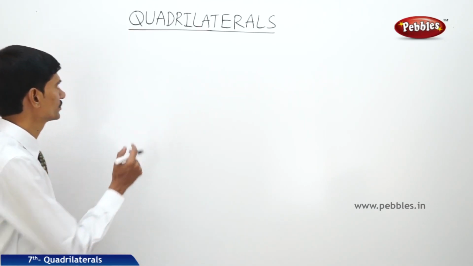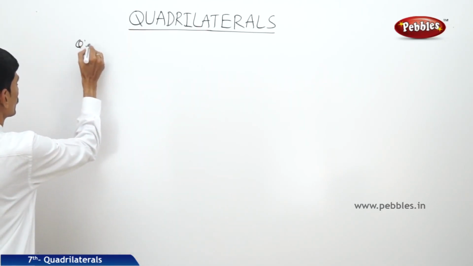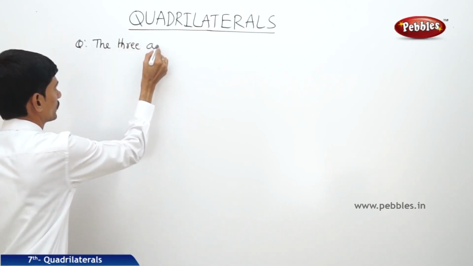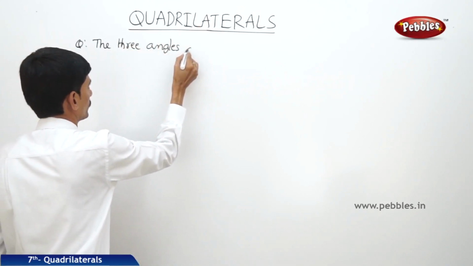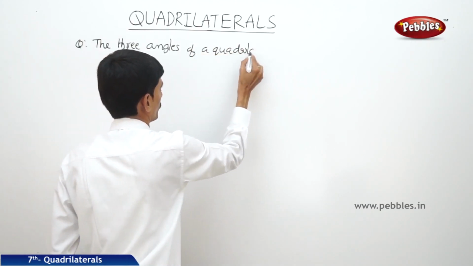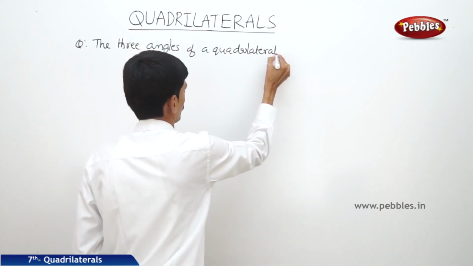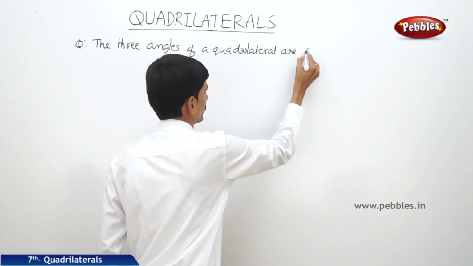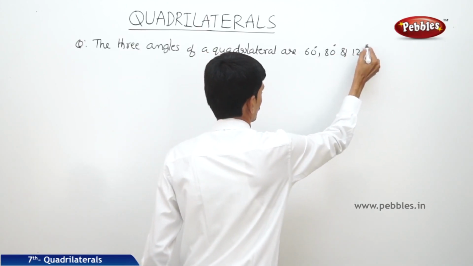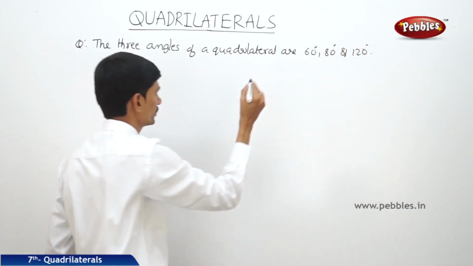Now the first question is: the three angles of a quadrilateral are 60 degrees, 80 degrees and 120 degrees. Find the fourth angle.